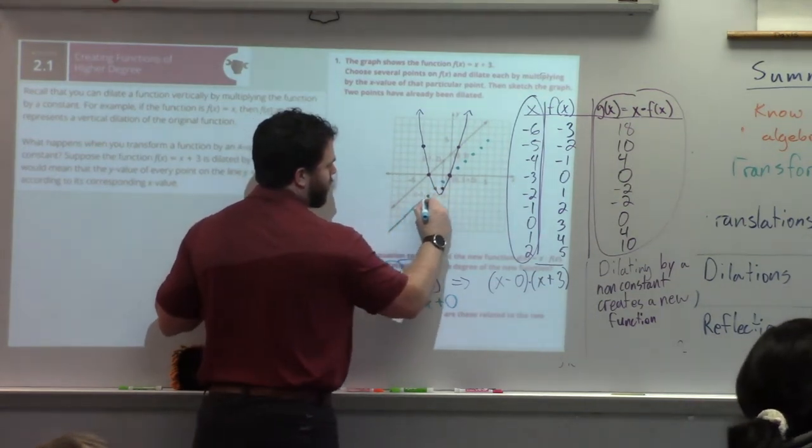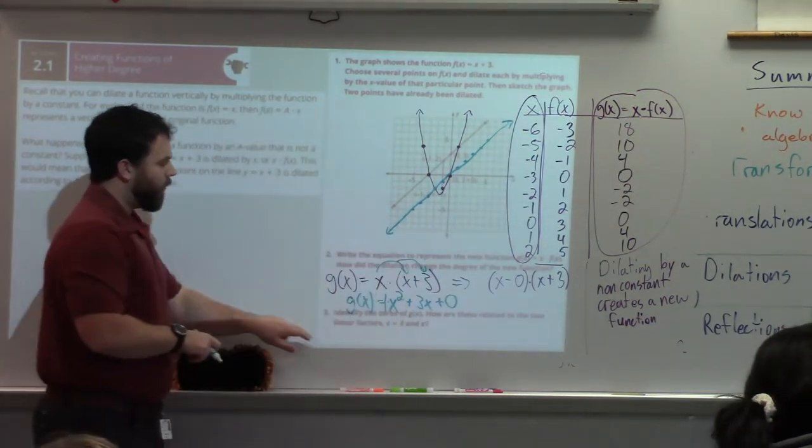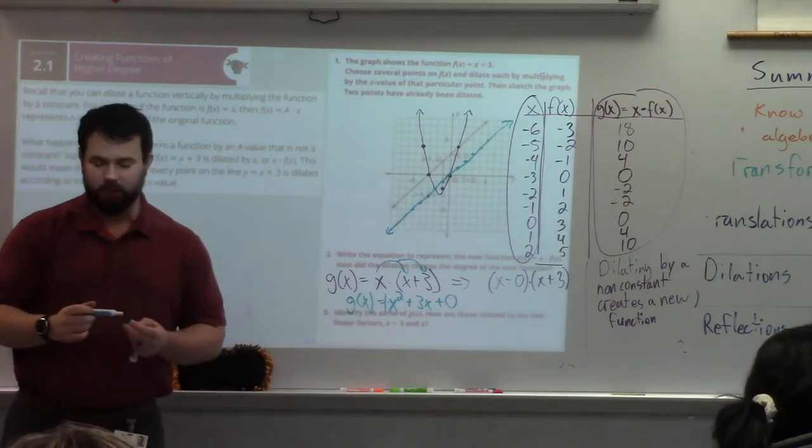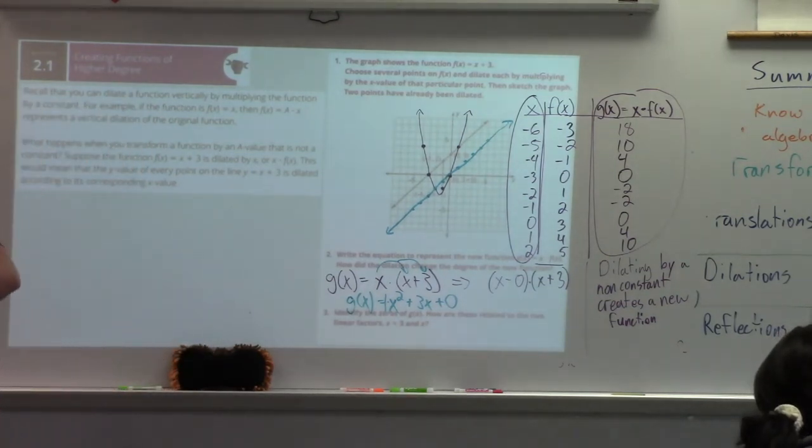There's the line y equals x. Before we answer the next question, because I'm going to have you do this in your small groups quickly, what is another word for a zero? Roots. How can we identify roots on a graph? Those are the x-intercepts. Anybody have a question about that detail?